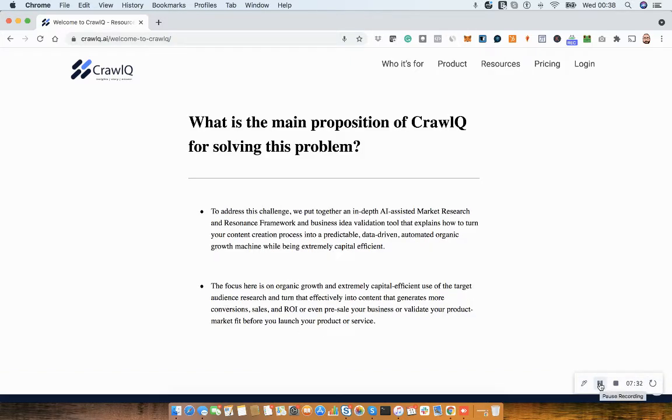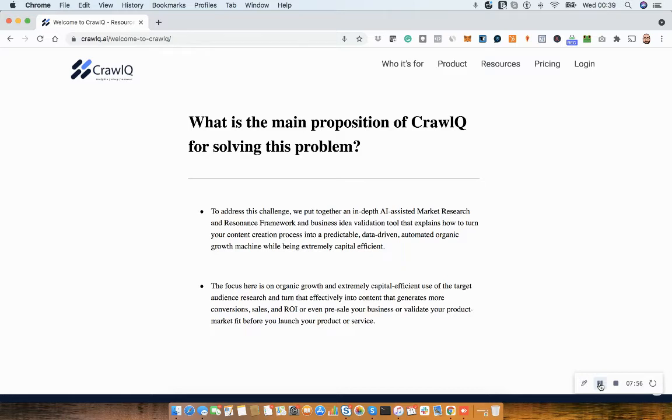So, guys, what is the main proposition of CrawlQ for solving this problem? To address this challenge, we put together an in-depth AI-assisted market research and resonance framework and business idea validation tool that explains how to turn your content creation process into a predictable, data-driven, automated, organic growth machine while being extremely capital efficient.